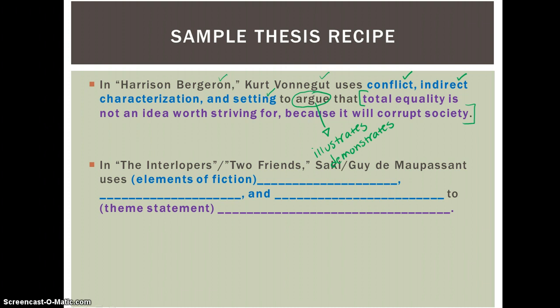So at the bottom of your paper, simply follow this thesis recipe model, construct a draft of your thesis statement to bring in and turn in to us tomorrow, and we will check those for you to make sure all of you are on the right track before starting your analysis paragraph.